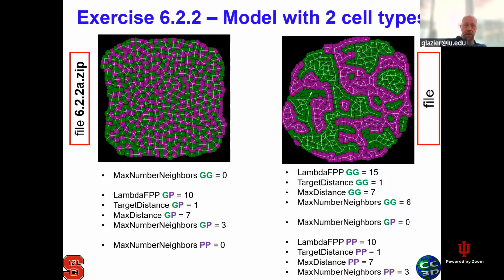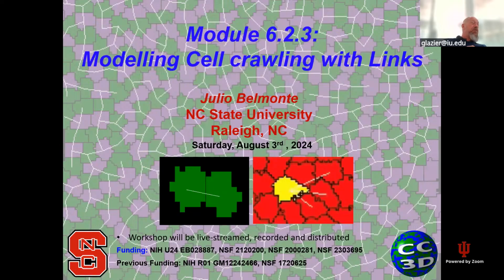Okay, great. So those are some of the possibilities. There are actually quite a few possibilities, and one could play with that more and explore them. The other thing to do is to model actually filopodia.